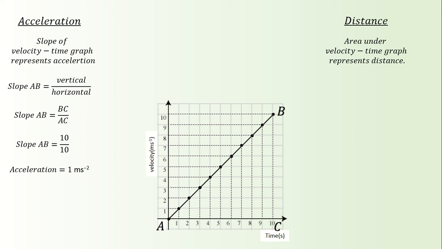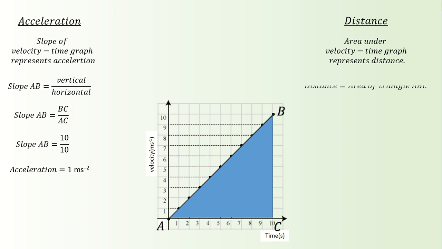Distance: the area under the velocity time graph represents the distance. Here, the shape formed is a triangle. So distance is equal to the area of triangle ABC. The formula for the area of a triangle is 1/2 into length into width. By putting the values, we get S equal to 50 meter.